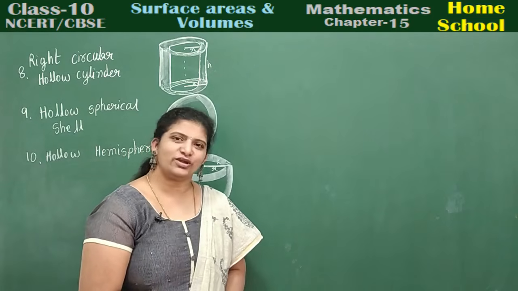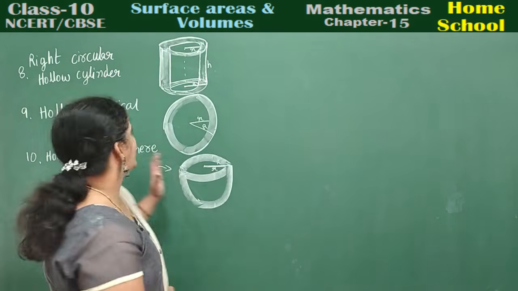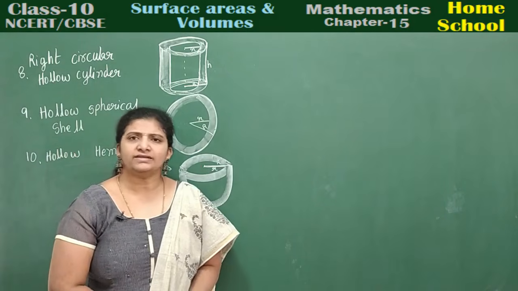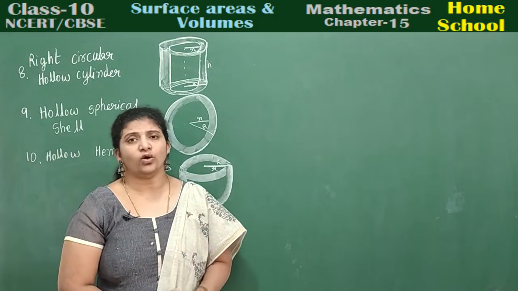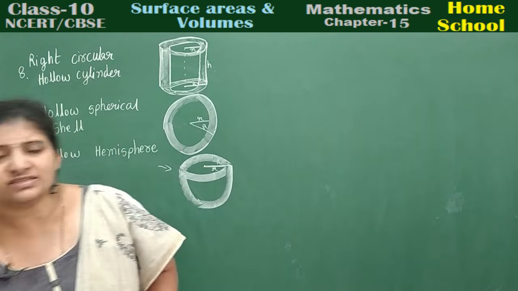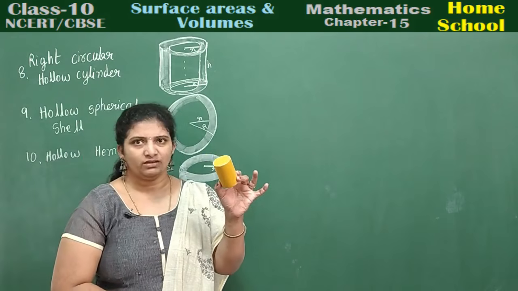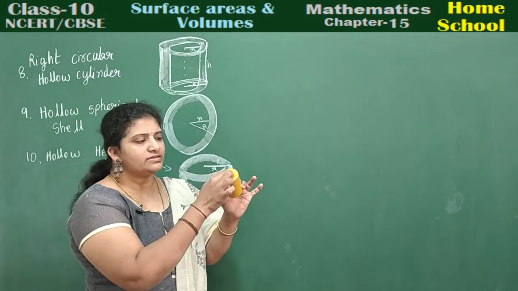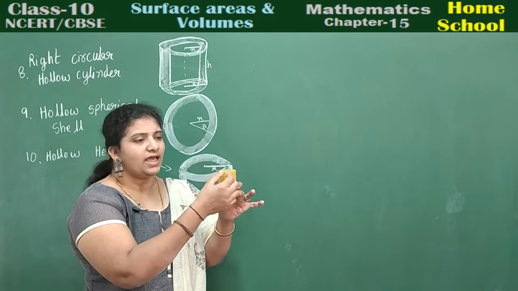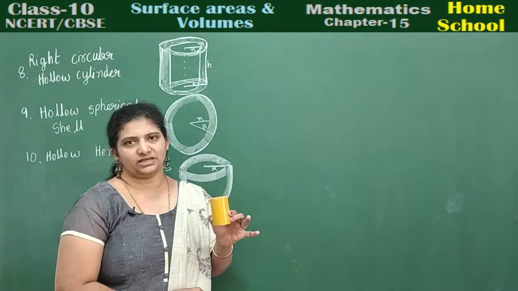We are going to learn 3 more solids. Look here, children, you can see a right circular hollow cylinder. Right circular cylinder we know. Then what is a right circular hollow cylinder? You know, actually this is a right circular cylinder. Hollow means let us scoop out this round circular region and remove that piece outside.